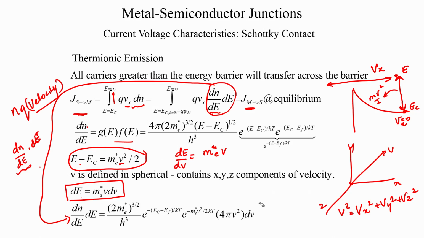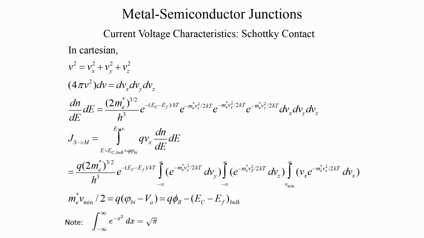Now, you do not see the Vx, Vy, Vz components here, because we need to convert this to the Cartesian system. We need to split out the V into these three components. Now, V square is Vx square plus Vy square plus Vz square, and this volume element is simply this volume element here.